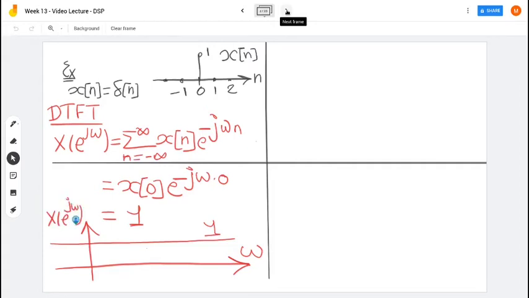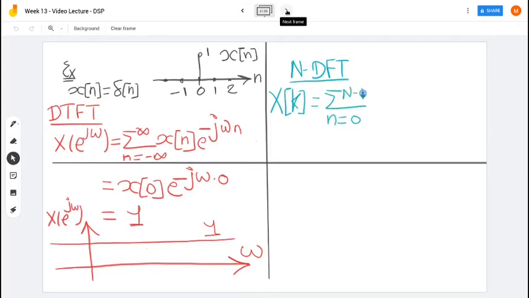Now let's try to compute the n point DFT. If you want to compute the n point DFT, the definition goes like this. X of k will be summation, and instead of going from minus infinity to positive infinity, we will go from n equal to 0 up to a certain n minus 1.